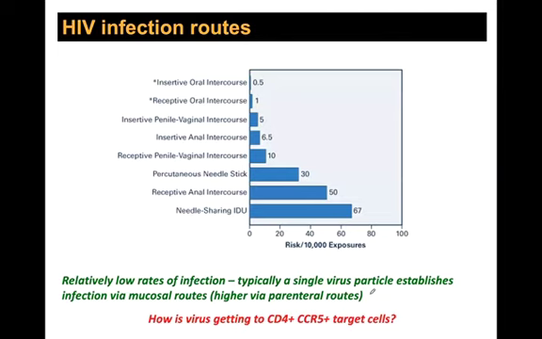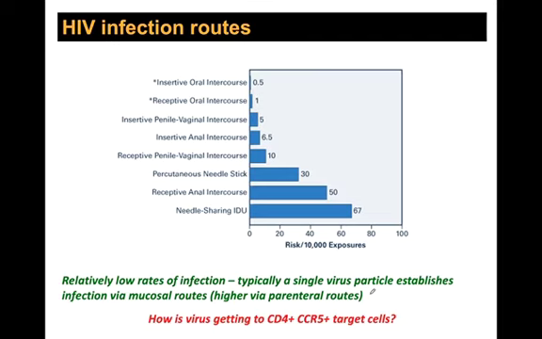So let's talk about how you establish an infection. It turns out that, from studies of discordant couples, it actually takes a large number of sex acts to transmit virus. So you have one partner with HIV and one partner without HIV.